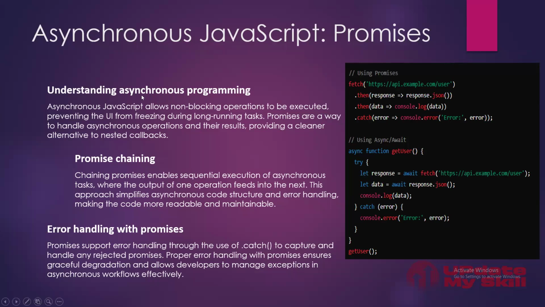Understanding asynchronous programming: asynchronous JavaScript allows non-blocking operations to be executed, preventing the UI from freezing during long-duration tasks. Promises are a way to handle asynchronous operations and their results, providing a cleaner alternative to nested callbacks.